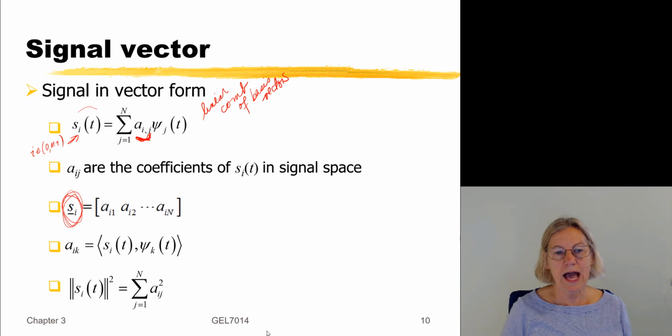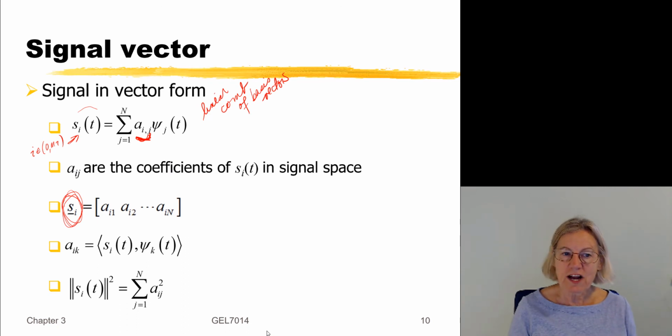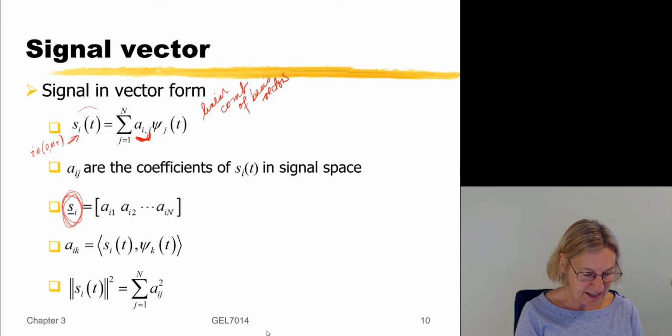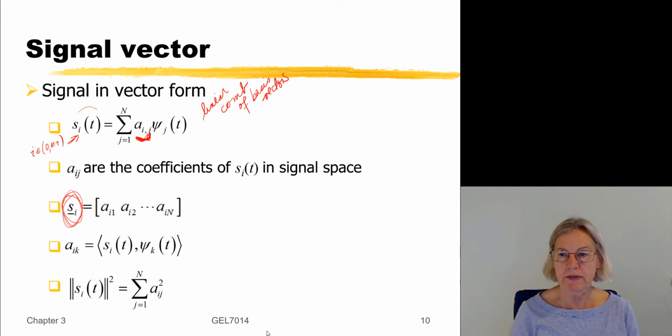And how do I find what these coordinates are for a given basis vector? Well, these coefficients can be found quite simply by taking the inner product of the symbol with the basis vector.